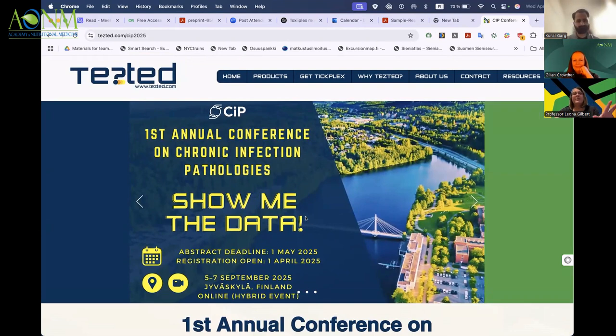What's really unique about this conference is we wanted to unite patients, practitioners, and scientists, coming together and trying to change the landscape of chronic infection pathologies. It's not just chronic tick-borne diseases. There are other pathologies too, like long COVID, chronic fatigue syndrome, etc.